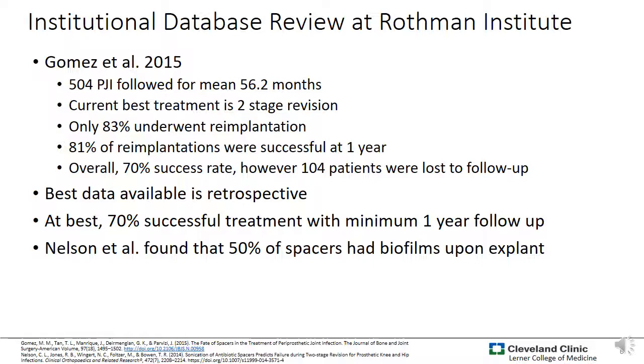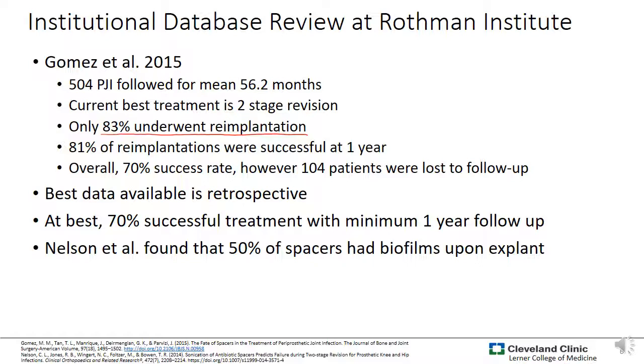This is some more recent data from the Rothman Institute, where Gomez et al. presented a history of 504 PJIs that were treated with the standard explant and antibiotic cement loading, and they followed them for a mean of 56 months. Only 83% of these patients actually underwent a reimplantation.